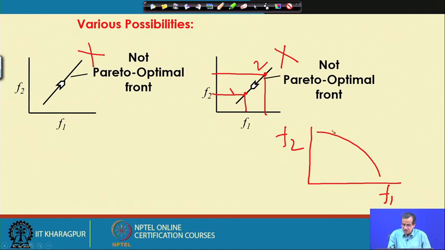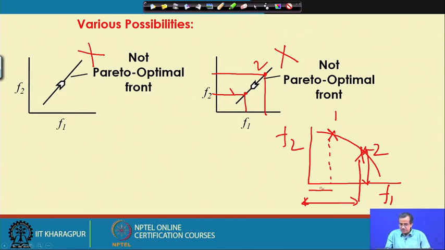Let me consider a particular point here. Corresponding to this point, this is my F1 and this is F2. Another point is here, say point 2. This is my F1 and this is my F2.